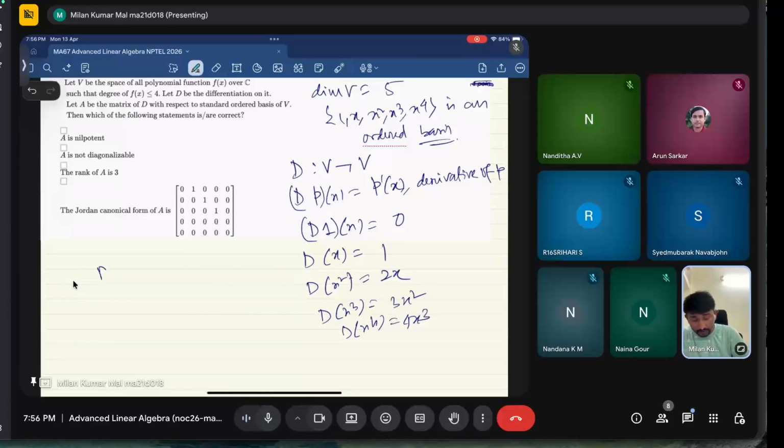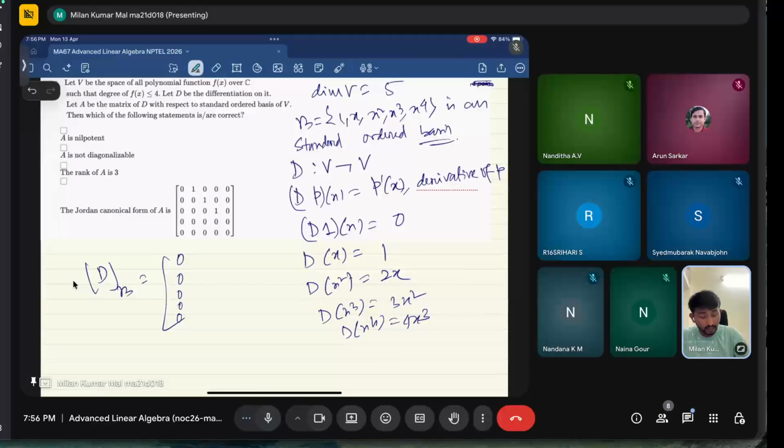So the matrix representation of D with respect to this basis, not only an ordered basis, this is called the standard ordered basis, is, if you look carefully, a 5 by 5 matrix: 0, 1, 0, 0, 0, then 0, 0, 2, 0, 0, then 0, 0, 0, 3, 0, then 0, 0, 0, 0, 4, then 0, 0, 0, 0, 0.